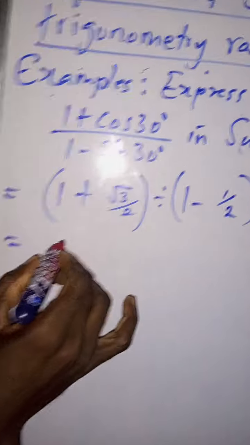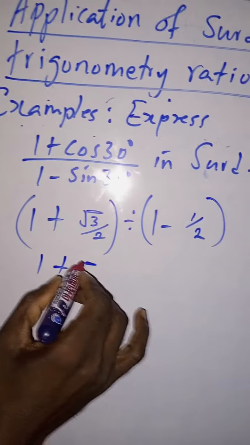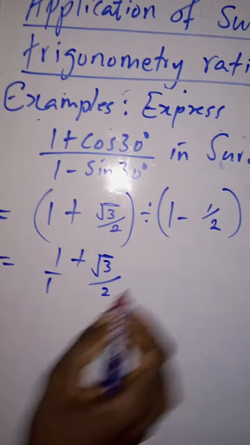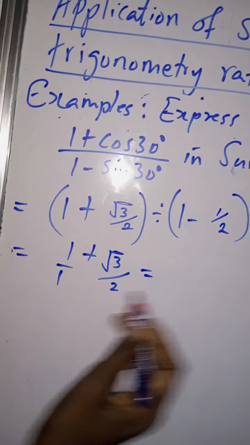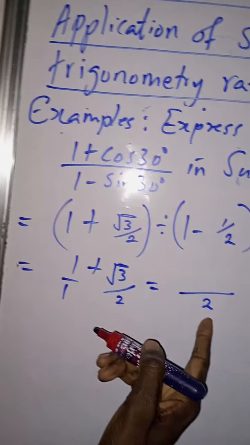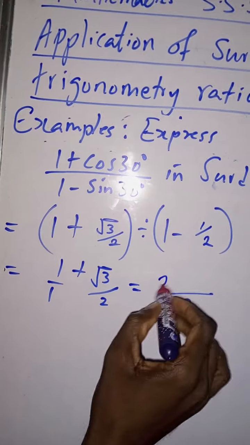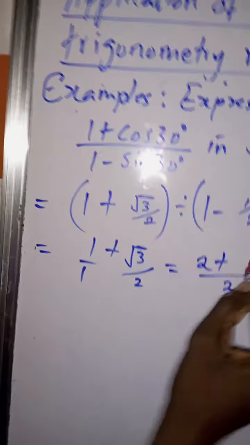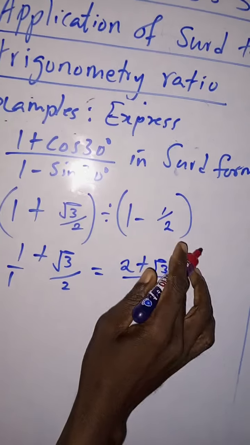So I'll solve this one first. And solving this one, I'll have 1 plus root 3 over 2. So I turn this one to a fraction over 1. The LCM of this, of course, will be 2. 2 times 1, that's 2, plus 1 times root 3. I have this root 3.